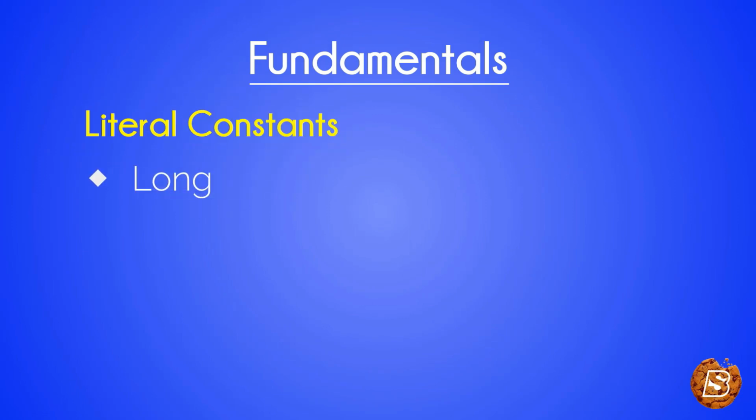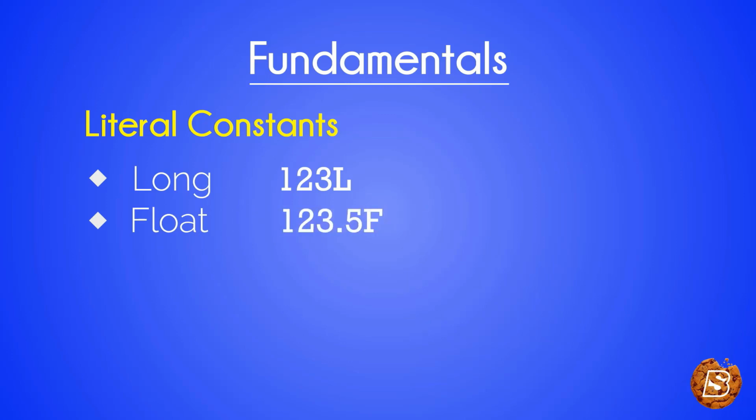So if you are having a long, you can denote that number by appending the literal L to the number. So here we have 123L, that means it's a long. Then we have float. To differentiate between double and float, we can have float 123.5F. So appending F makes it float.